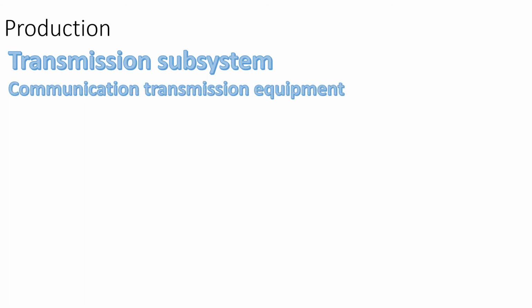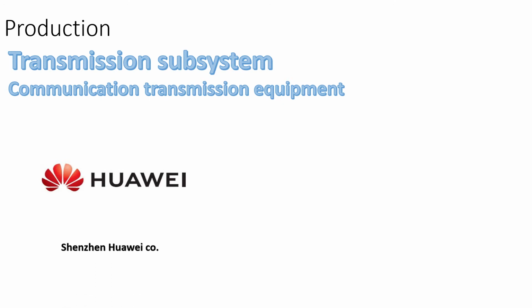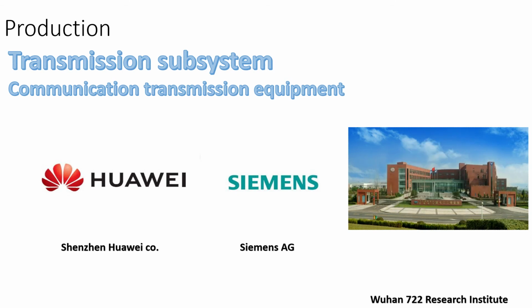And the communication transmission equipment in China is from Huawei, Shenzhen Huawei, and also some of them are from Siemens AG in Germany. And also we can build some new technology equipment from the Wuhan 722 Research Institute.